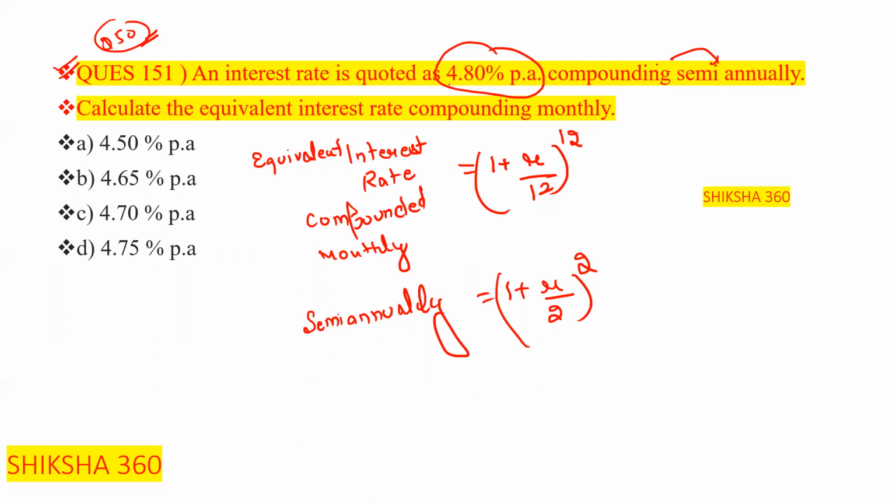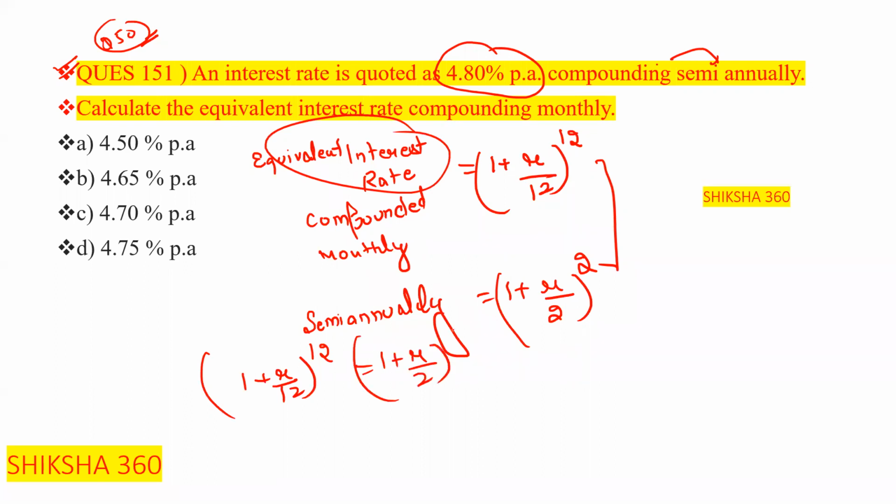So how can we equate further here? 1 plus r upon 12, the equivalent interest rate, is equal to 1 plus r dash upon 2.